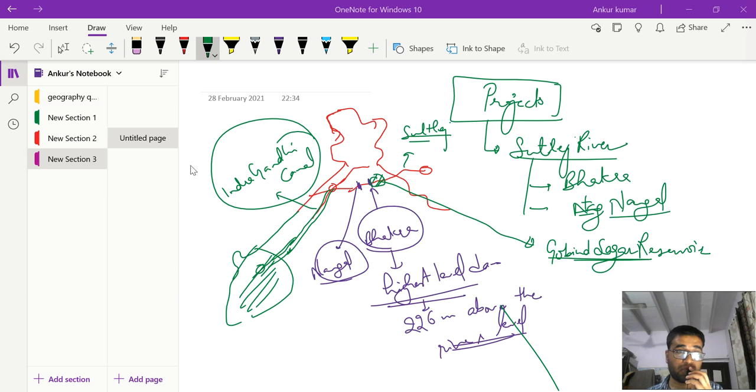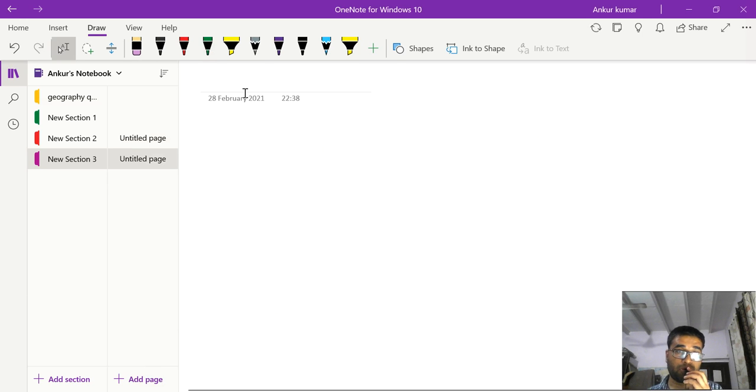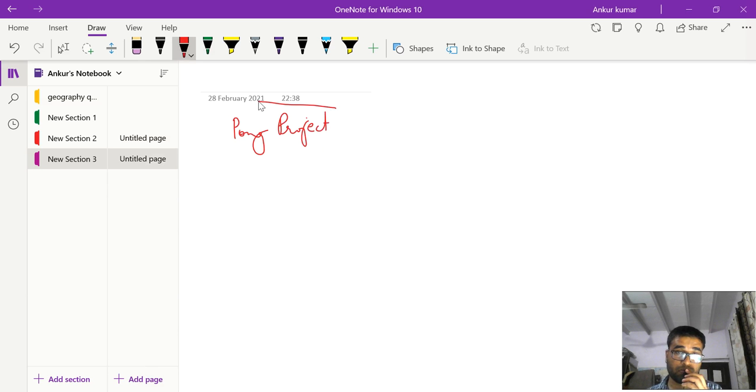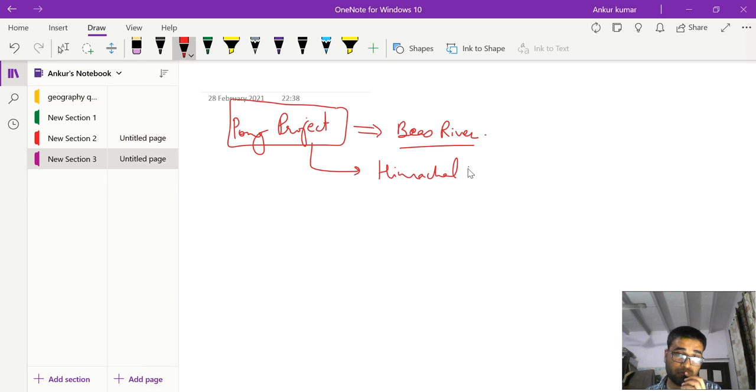Moving on to the next project, that is the Pong Project. Pong Project is based on the Beas River, and it is built in Himachal Pradesh. Okay, इतना याद रखना है.